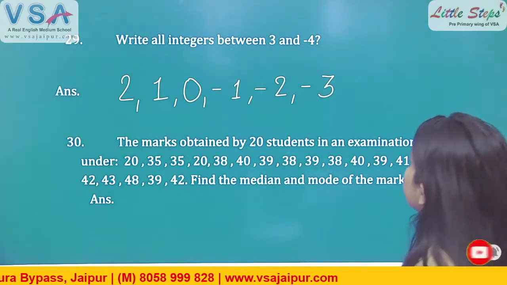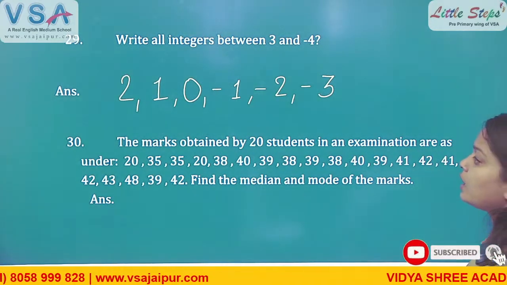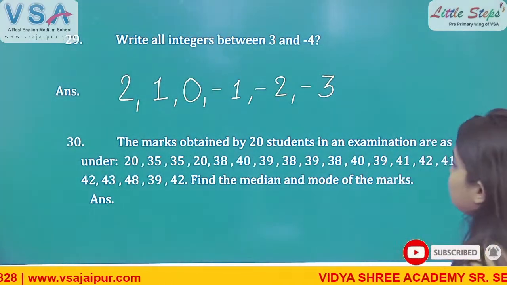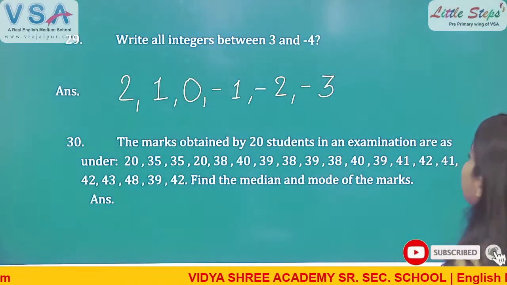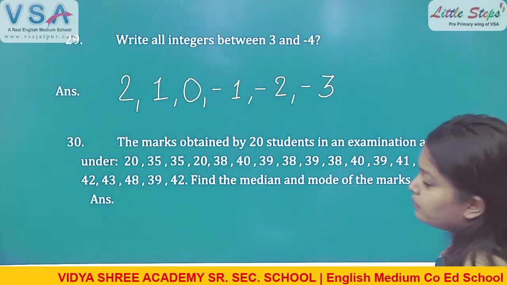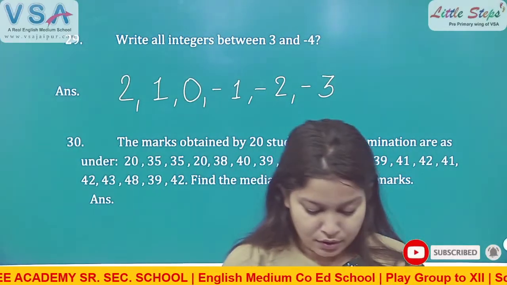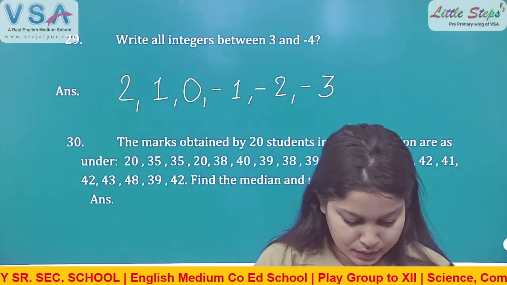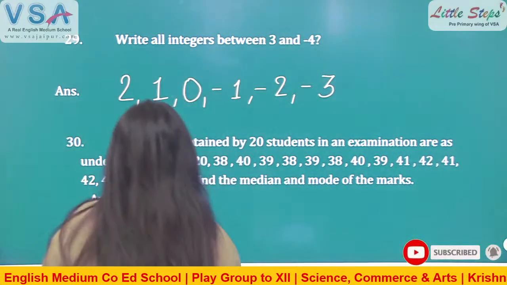The marks obtained by 20 students in a mathematics examination are given. Find the median and the mode of the marks. As we all know the formula of the median and mode, we need to find the median first.